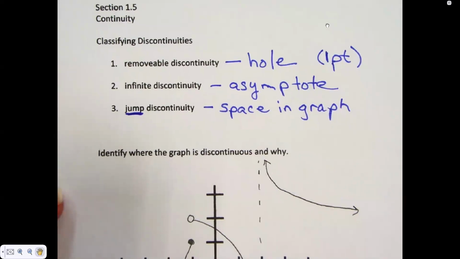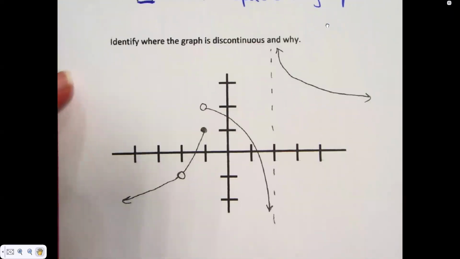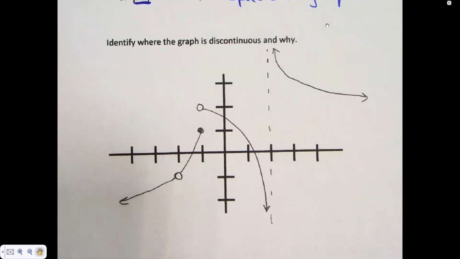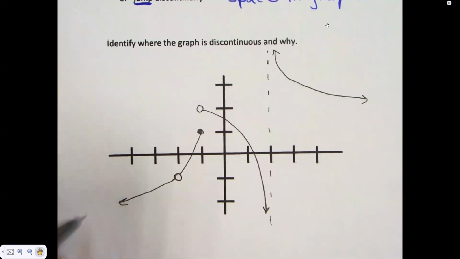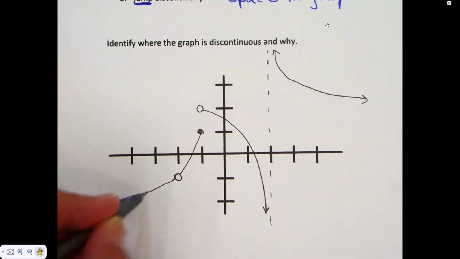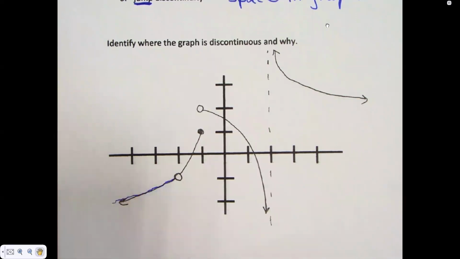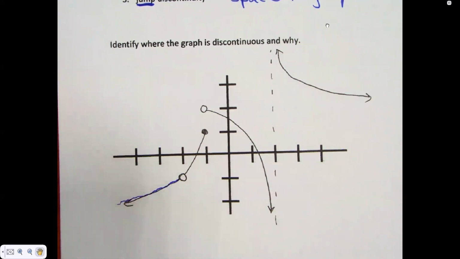All right, so let's take a look at this graph. Can we identify where there is discontinuity? You could literally trace the graph. And there's an arrow, so it's going out forever this way. So I come up. When I hit a hole, do I have to pick up my pencil? Yes, it's literally one spot, but that hole is saying I have to go over it.